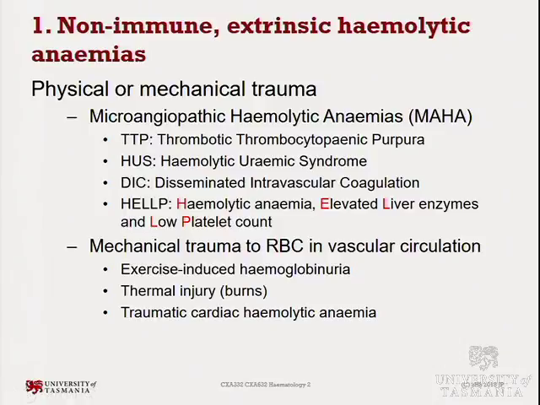So the next subdivision on our list was physical or mechanical trauma, and this is where our microangiopathic hemolytic anemias and our mechanical trauma to red cells comes in. So you can see there are 4 main forms of microangiopathic hemolytic anemia.